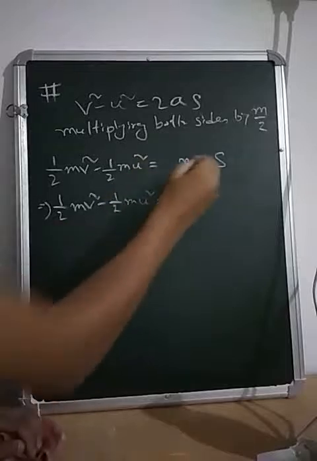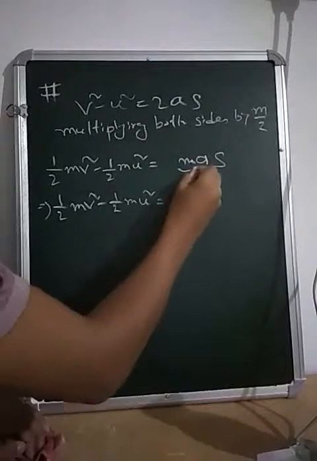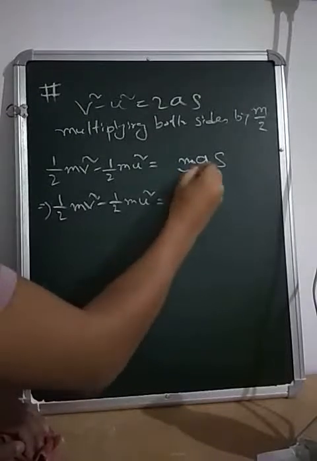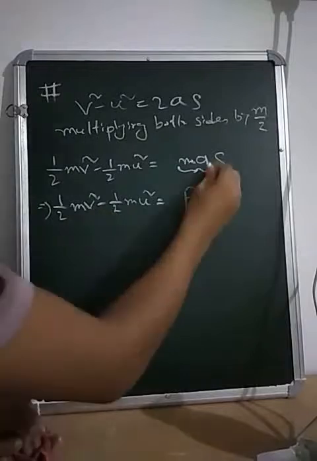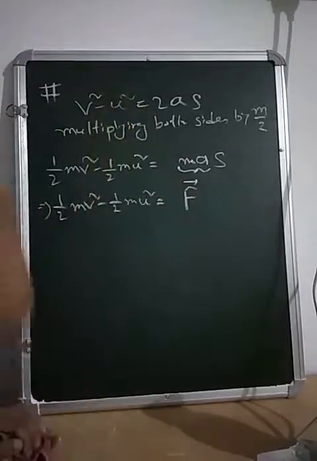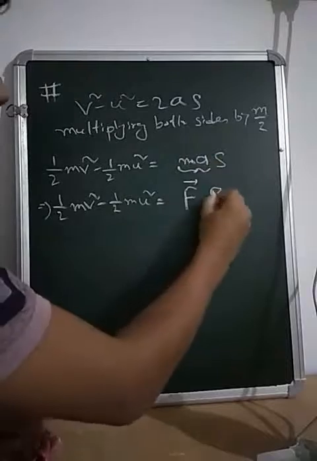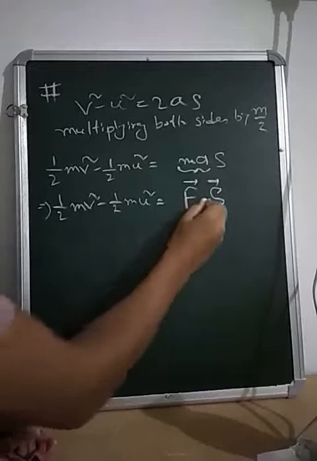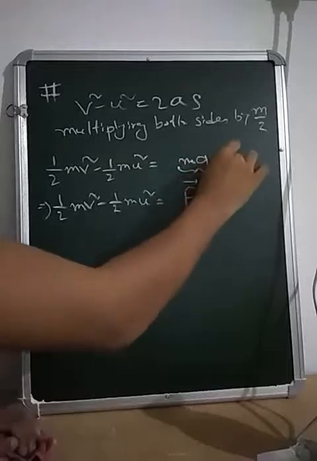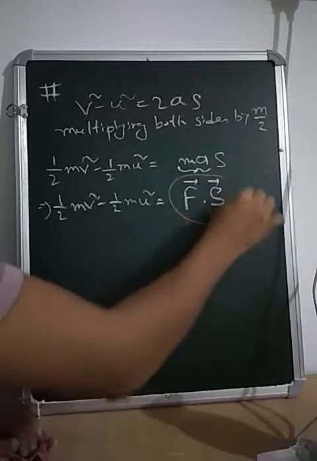See, from Newton's second law, what do we get? m a is the net external force, and s is the displacement of the object of mass m. So this is nothing but the work done.